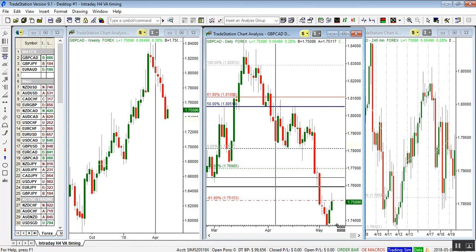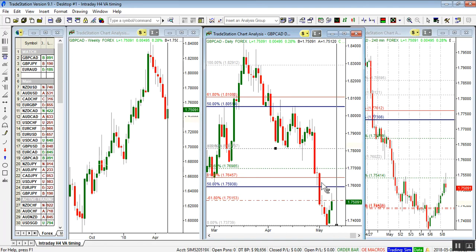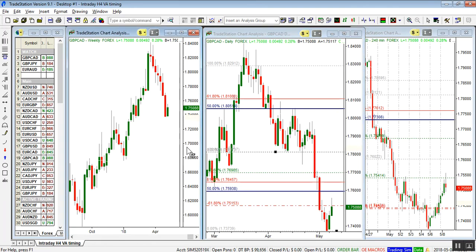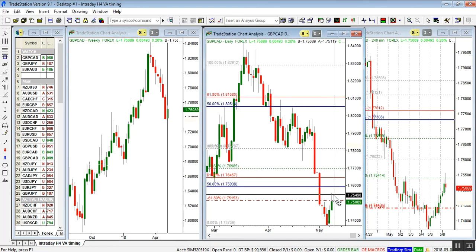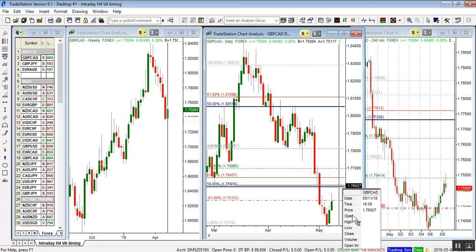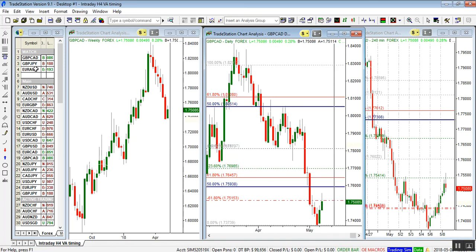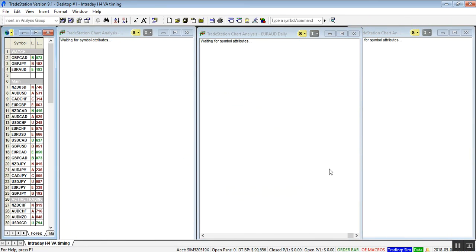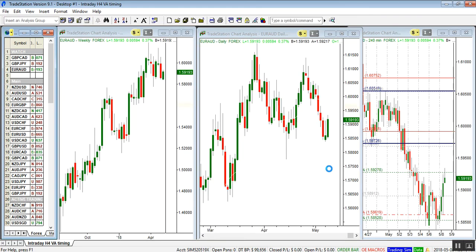Again, that level has not come into play, so this market is trading other levels here, but there's a possibility, if the test of 175.93 happens here, that's the area where we would see a setup.